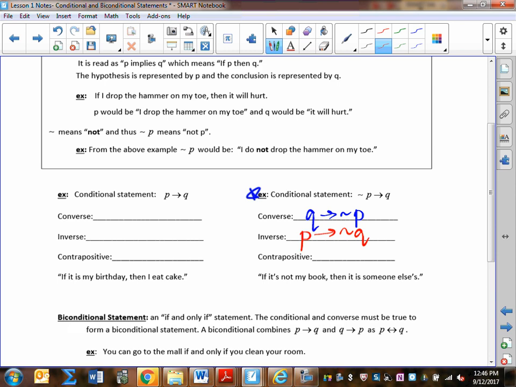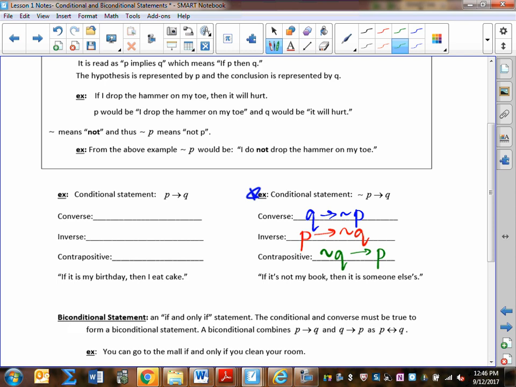I just did the opposite here: not P and not Q. What would my contrapositive notation be? Good. Not Q implies not P. So that's just practicing that notation that we talked about.